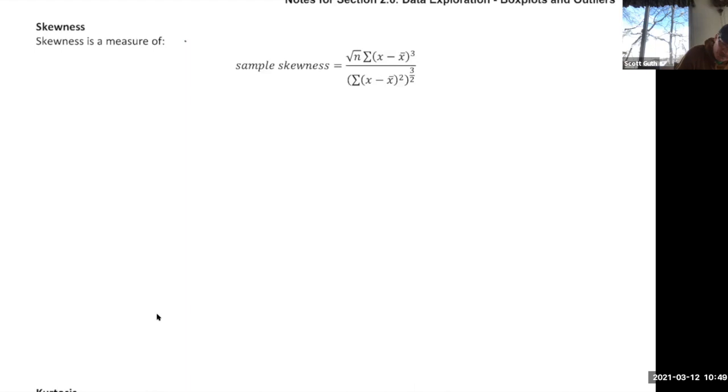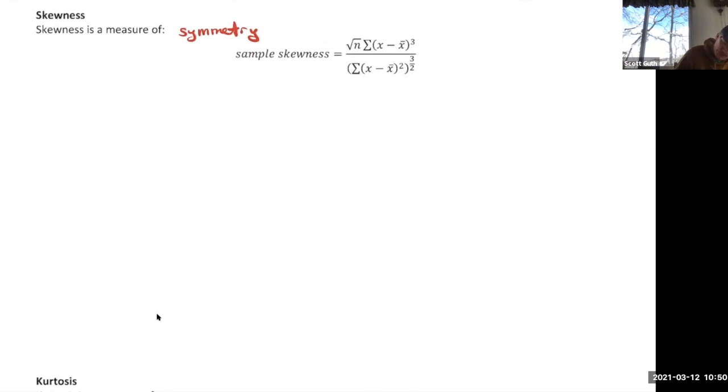Skewness is a measure of symmetry. Just a real quick sense, this is a skew left distribution, and then maybe a skew right distribution.